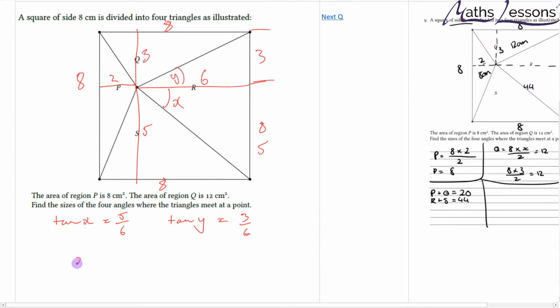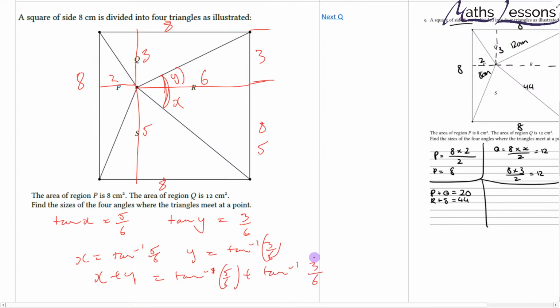So therefore x will equal inverse tan of 5 over 6, and y will equal inverse tan of 3 over 6. So x plus y, which is this whole angle here, will equal inverse tan of 5 over 6 plus inverse tan of 3 over 6. Grab our calculator.